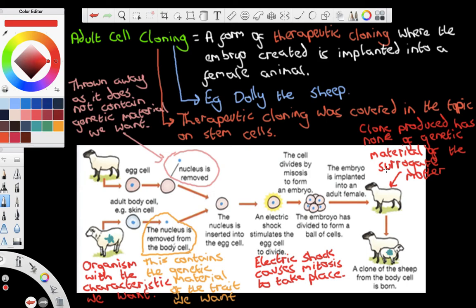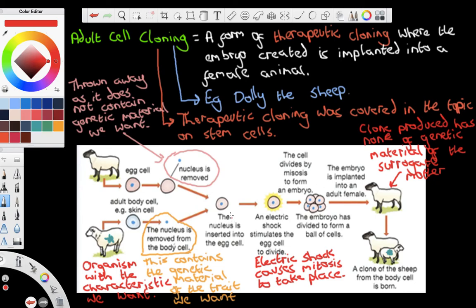Now, we've said that Dolly the Sheep is an example of this. The first time this was done was in, have I got a date written down? So it took place in about 1992. Yeah, 91, 92. Now, Dolly the Sheep was the first sheep that was cloned this way.